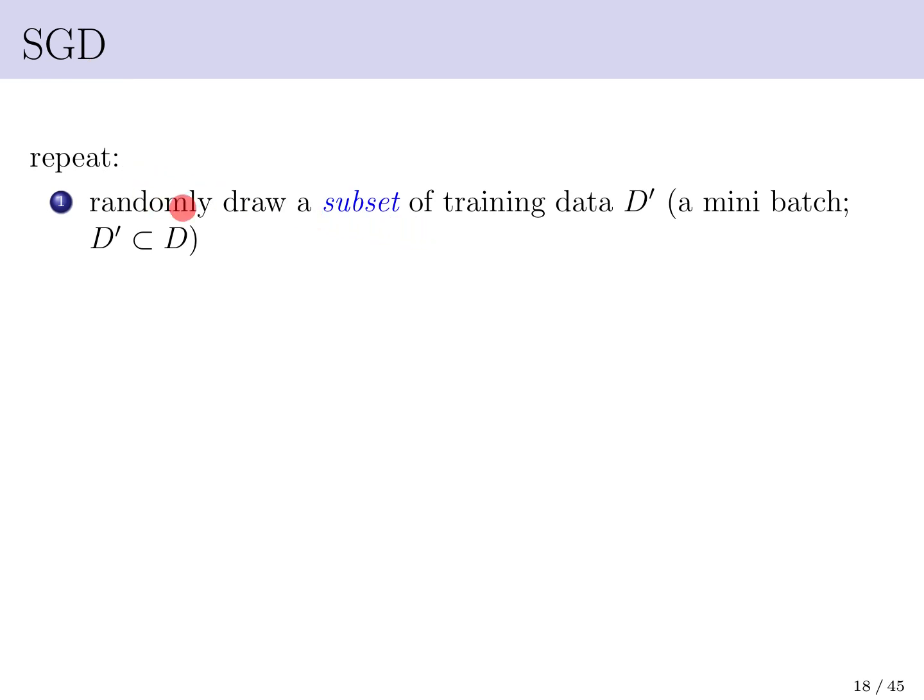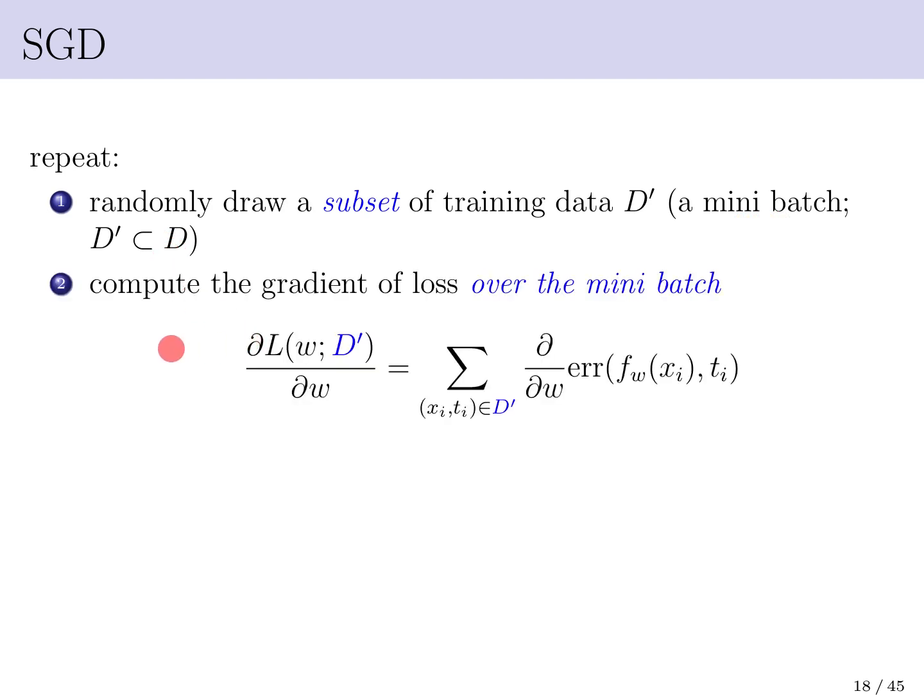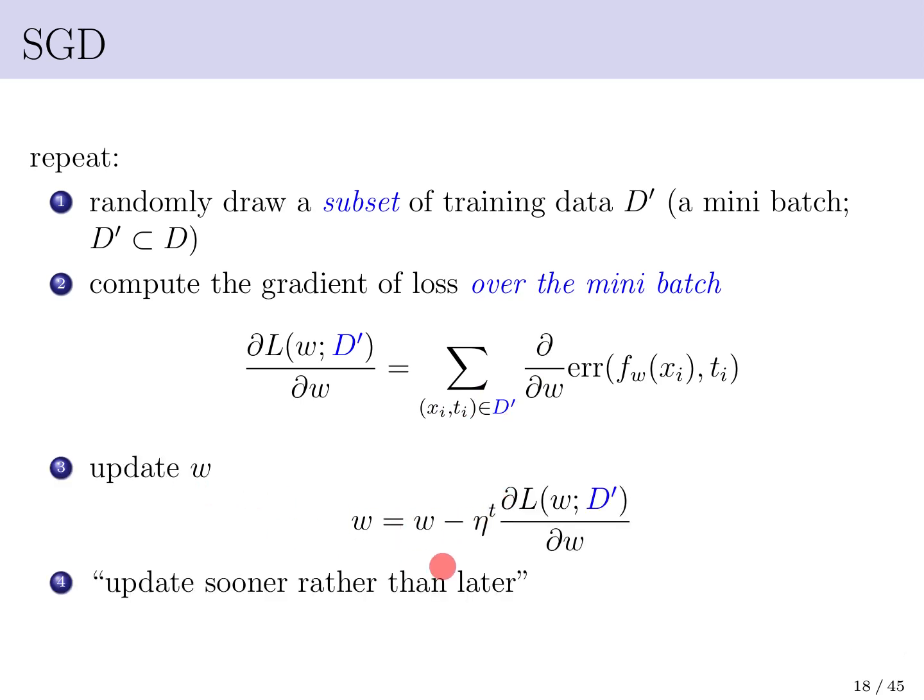So it repeats, randomly drawing a subset of training data, let's call it D prime, also commonly called a mini batch, and computes the gradient of loss over the mini batch instead of the entire data set as it was in gradient descent. Mathematically, the only difference is that you take the sum over D prime instead of the entire data set D, and you update W in exactly the same way as before.